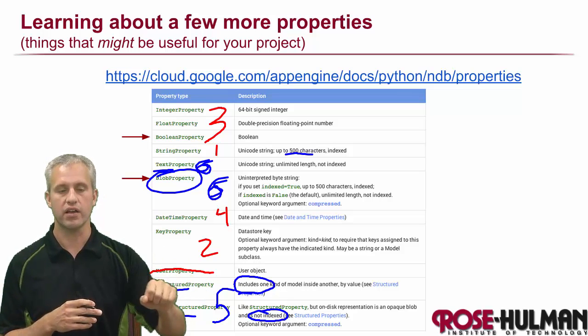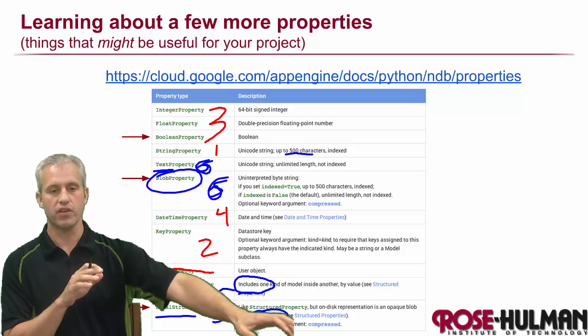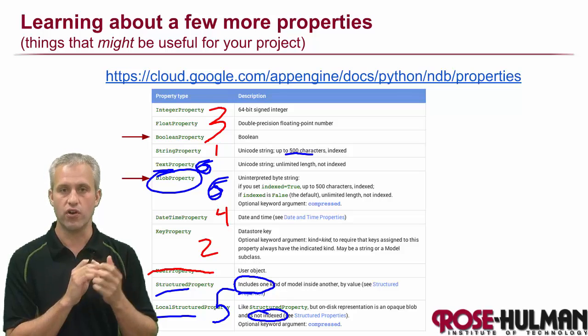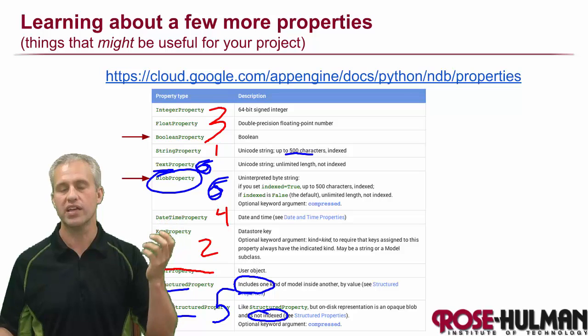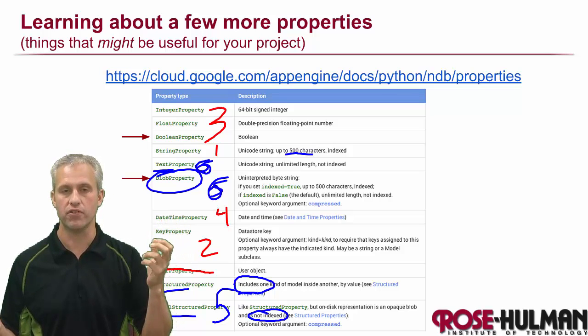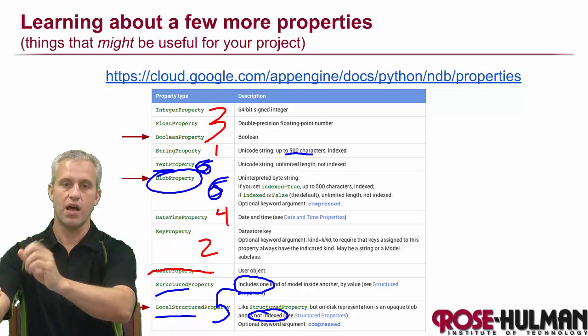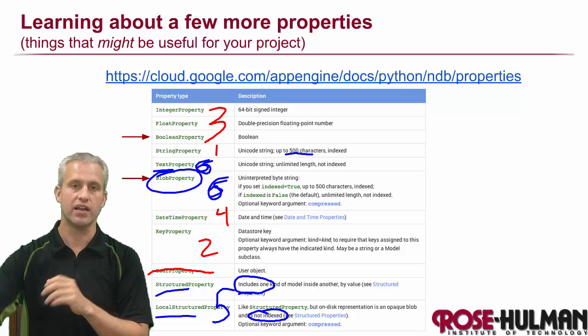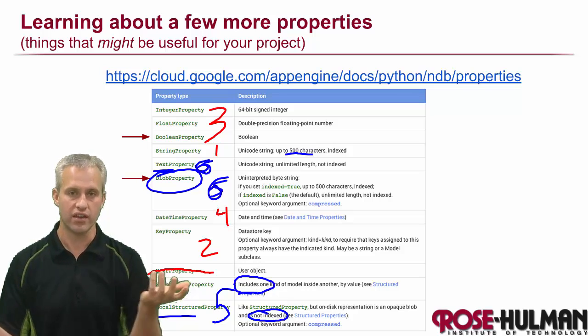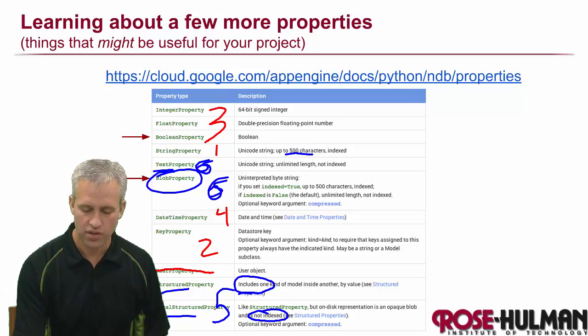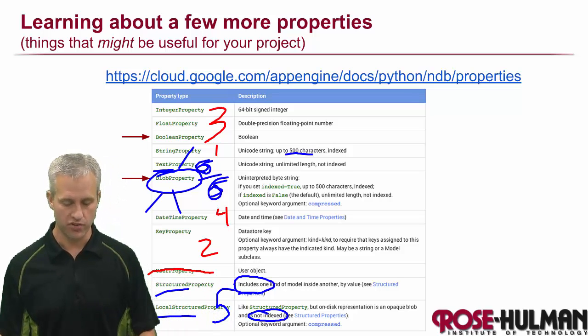This is more for when you've got a response from some server and it's big and long, the result of something, and you want to keep it around but you don't necessarily want to reference it a lot. You just stick it in a blob property that keeps it as binary data. And whenever you get your entity out, you've got access to that thing. To be honest, I haven't used it much, but some people I know use that one all the time. So I thought I better mention it to you.